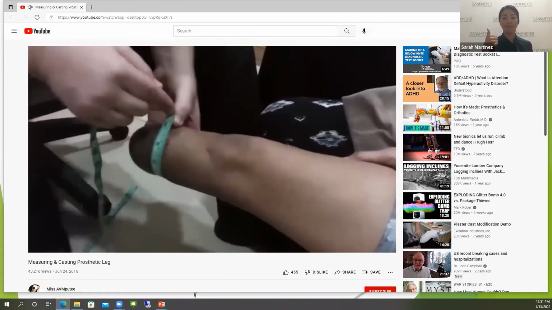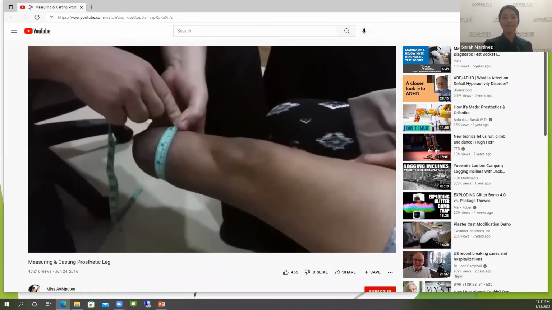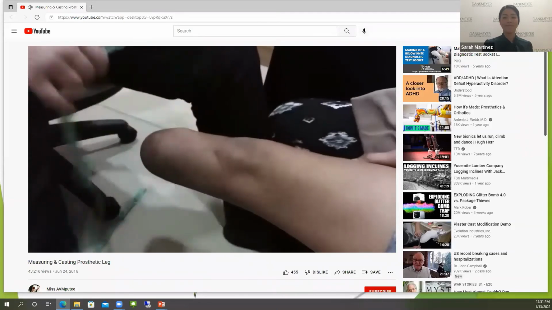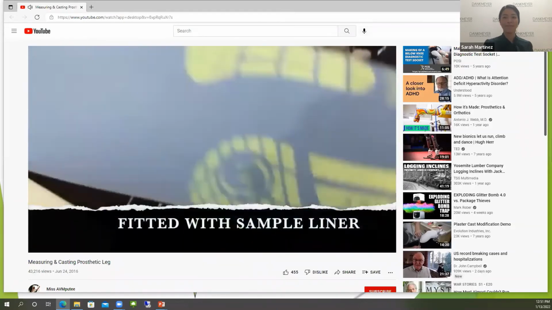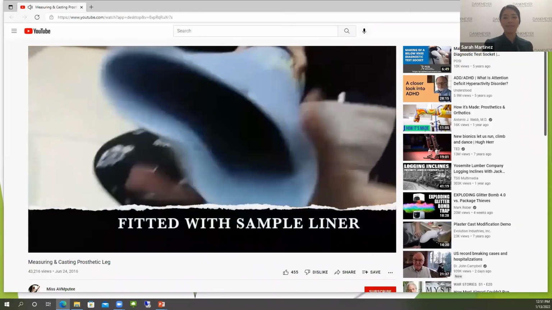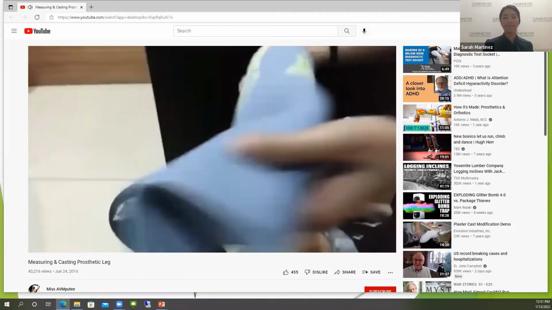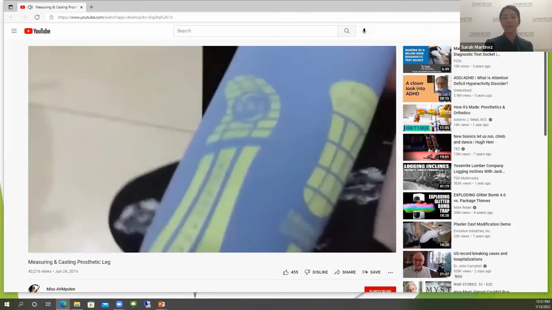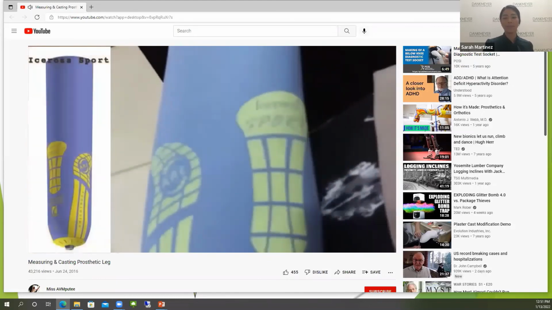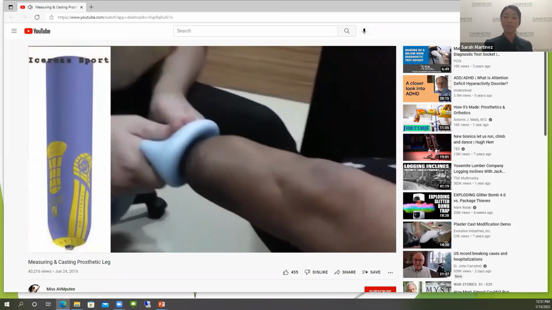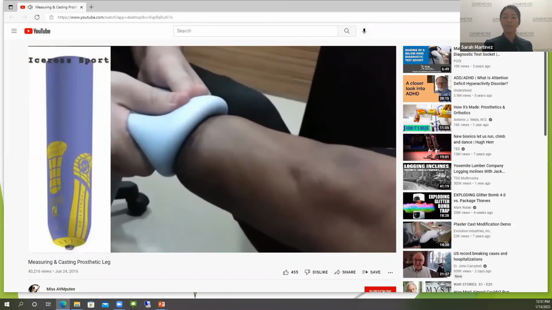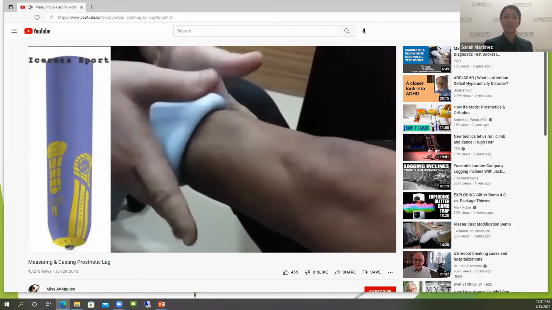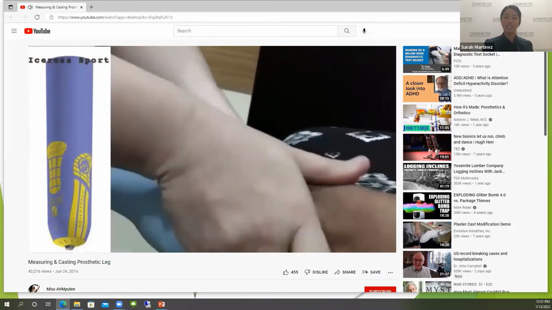This is to have your prosthetist choose the right liner to suit your stump size. Once he knows the size, then it's time to fit my stump with a liner. In previous casting, I was given a different liner. The liner didn't fit me well and caused me phantom pain. Because of that, I requested my prosthetist to provide me with a silicone liner. They call it Ice Pro Spot Liner.